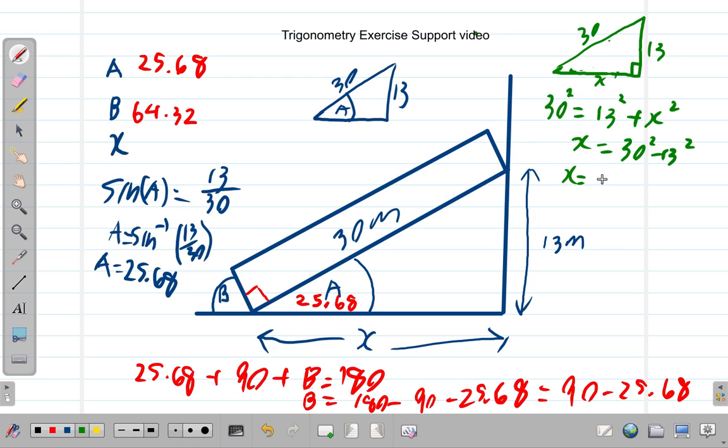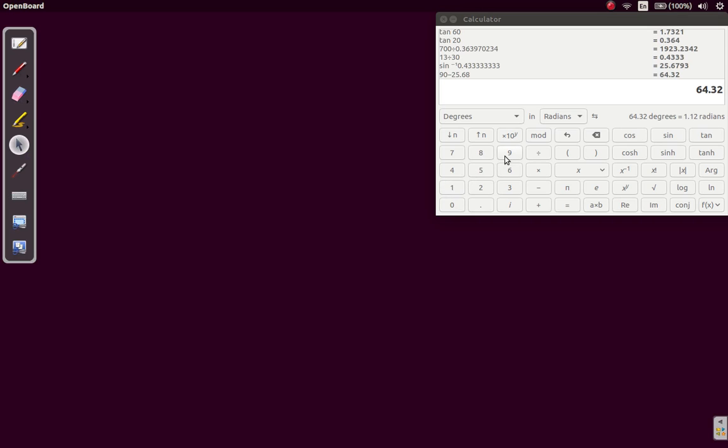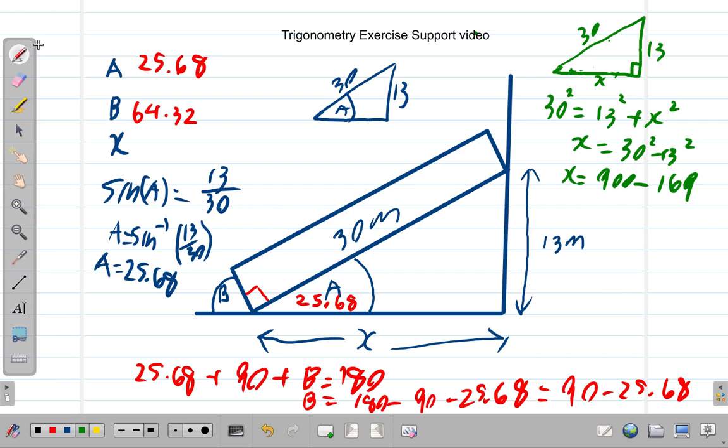So x would be what? 30 squared is 900, minus 13 squared, 169. So 900 minus 169 gives you 731.